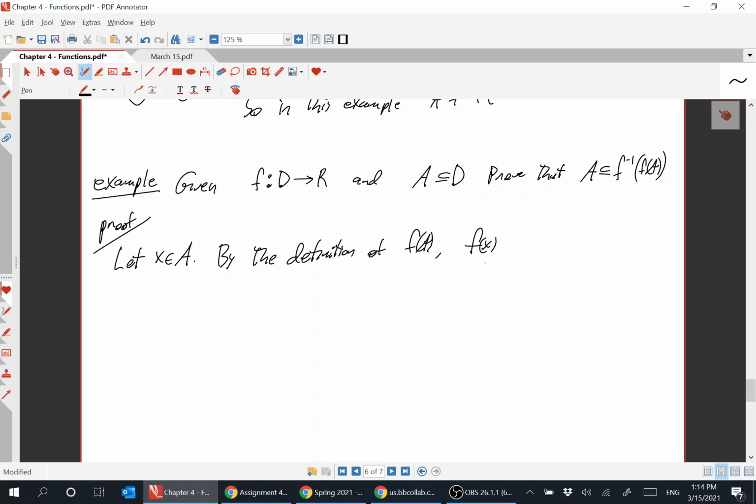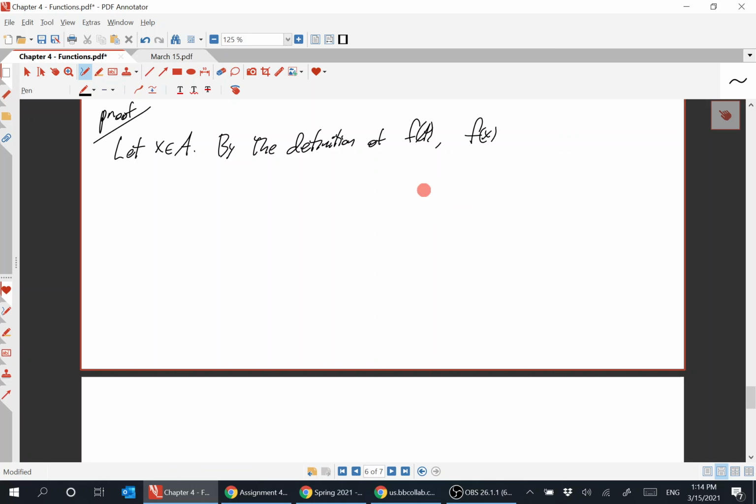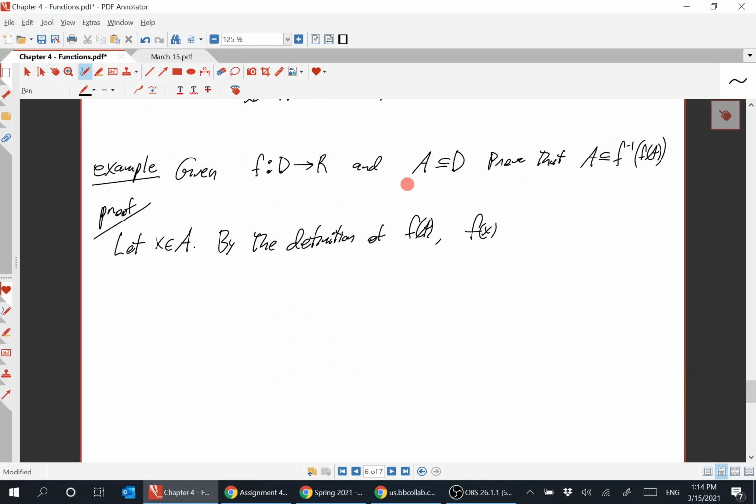So if x is in A, where is f of x? Here A is a subset of the domain.